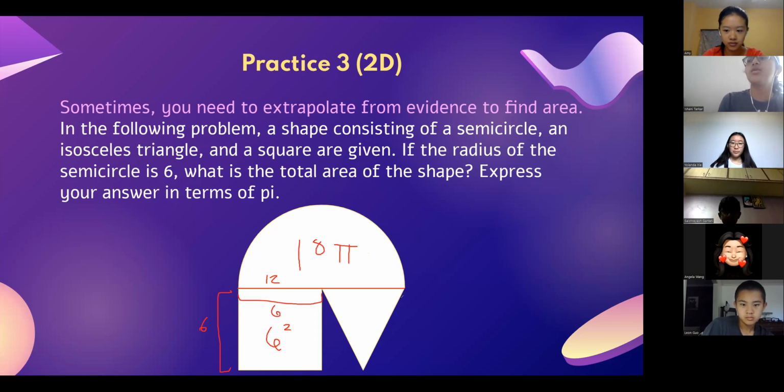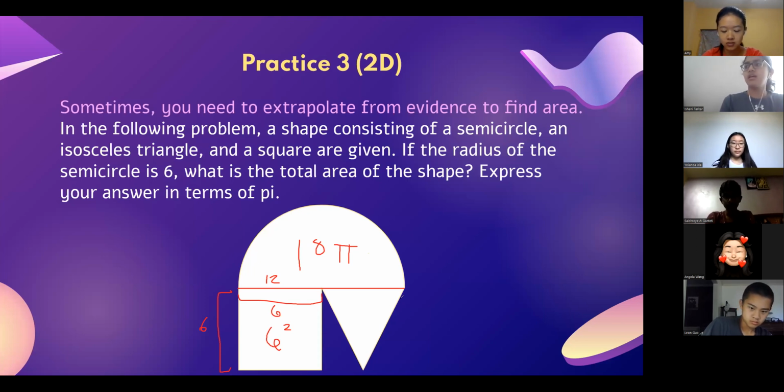In order to find the area of a triangle, you do base times height divided by 2. Although it might seem like you don't have the length of the height, you can see that the vertex of the triangle comes all the way down to align with the base of the square. The square and the triangle both have the same height, so the height of this triangle is 6, right?